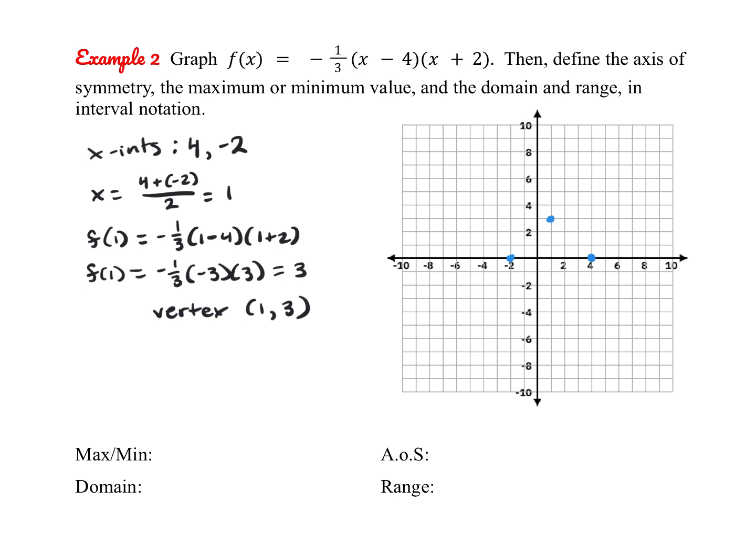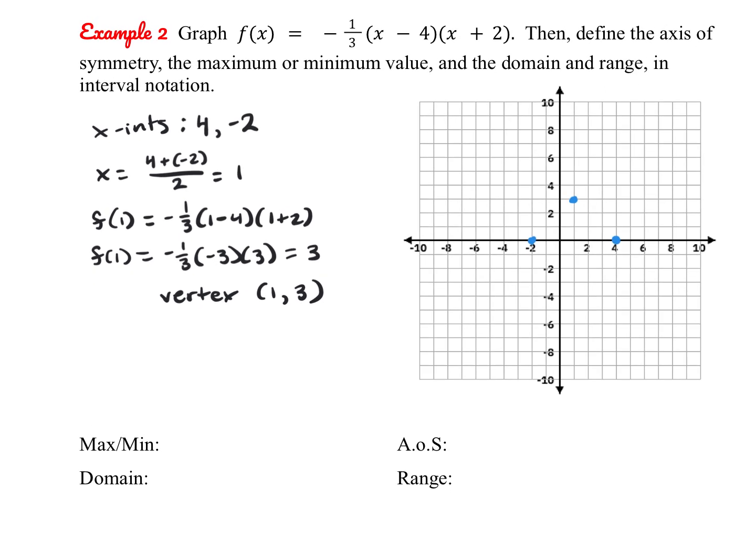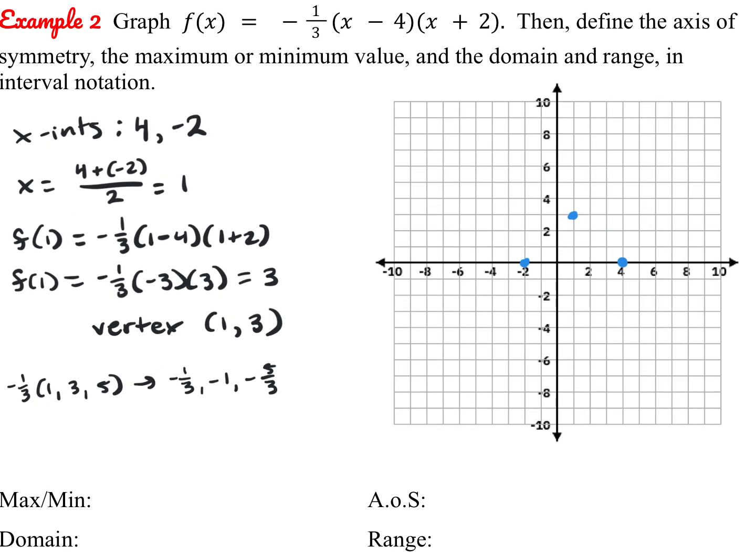Then I could follow my vertical growth pattern again. I'd do negative 1/3 times 1, 3, 5. So I get negative 1/3, negative 3/3, which is 1, negative 5/3. Some of these points I may need to estimate. So down 1/3 over 1, down 1 over 1. I'll estimate that one as well. And then if I go down 5/3 over 1, I get my x-intercept.